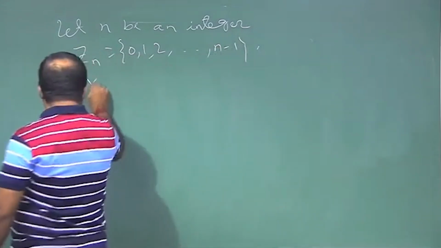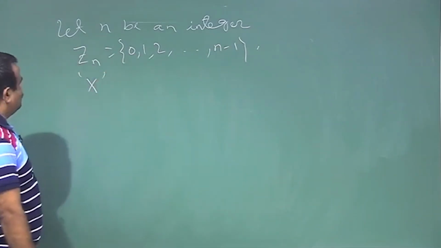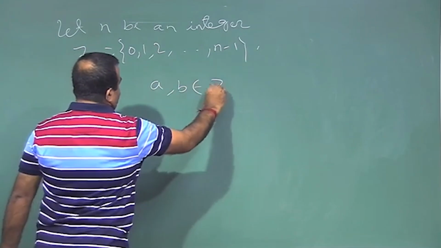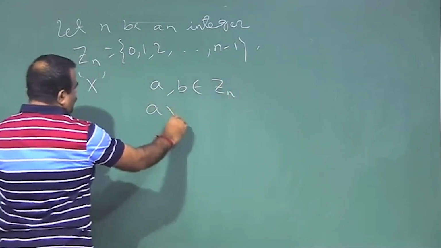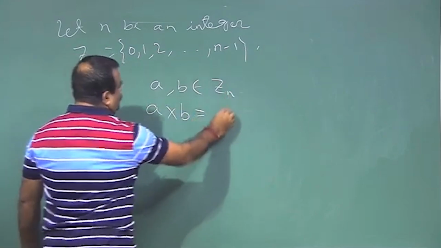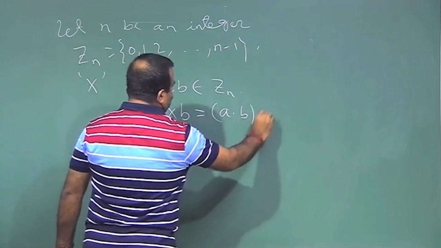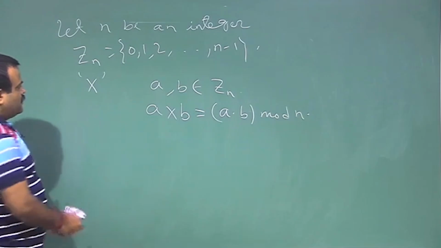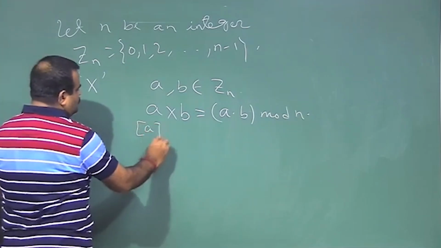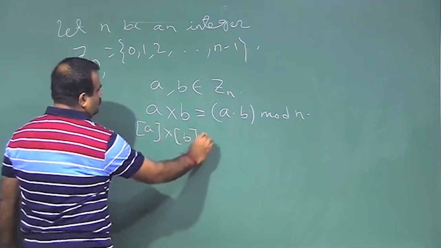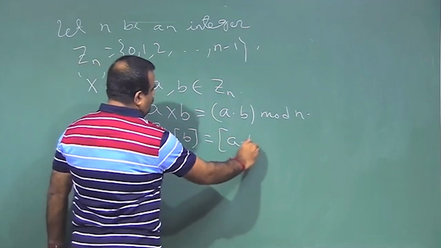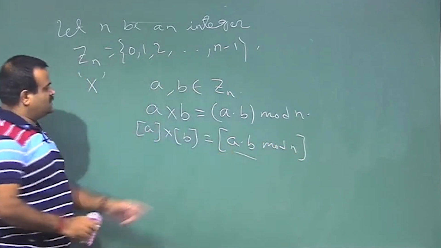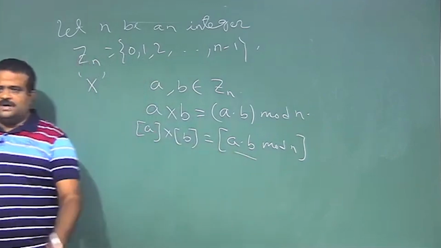Now we define this multiplicative operation as follows. If we take two elements from Zn, then we define A cross B as A into B mod n. In box form this is basically A into B mod n. This into is the real number multiplication.